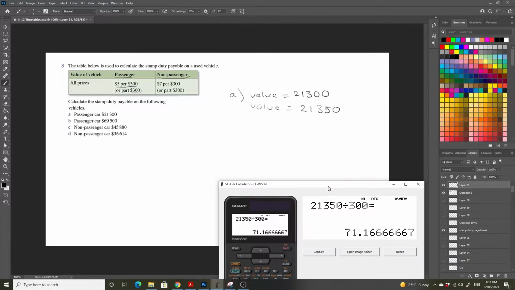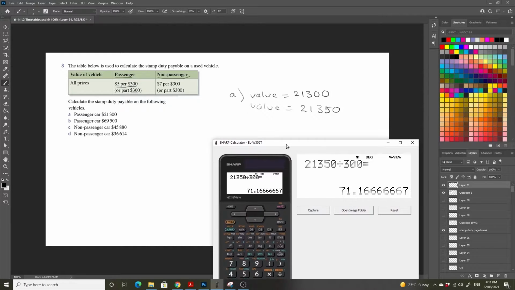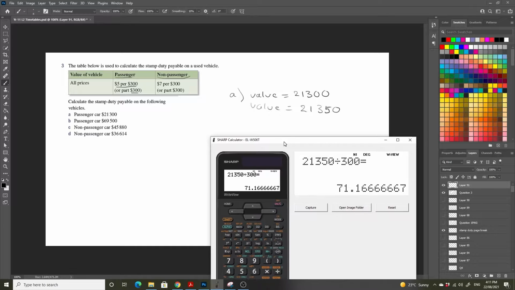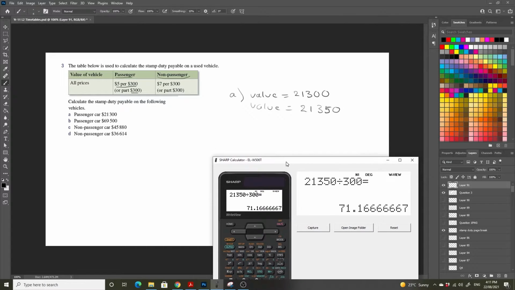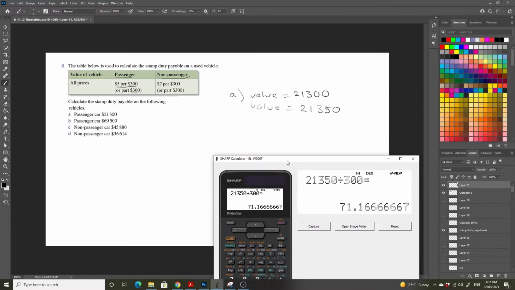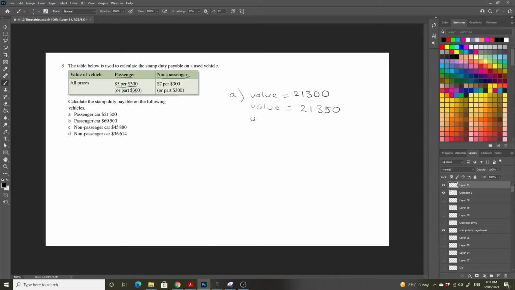Now, because we still pay the full rate for the part of $300 that we've gone over, in this case $50, we need to round this up to the next bracket of $300. So we would adjust the value to be equal to $21,600 in this case.